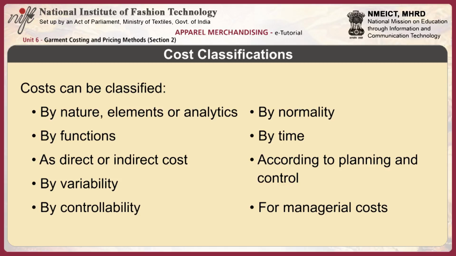That means there are various parameters available for classification of the costs, like nature of the cost, function, direct or indirect, variability, and controllability. And we can also classify based on normality, and based on time. According to planning and control also there can be a classification, and there can be a classification based on managerial costs. Let us learn about each of these factors.